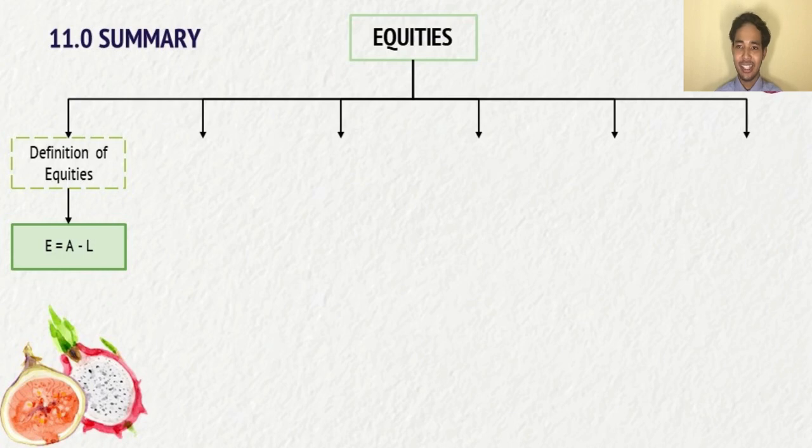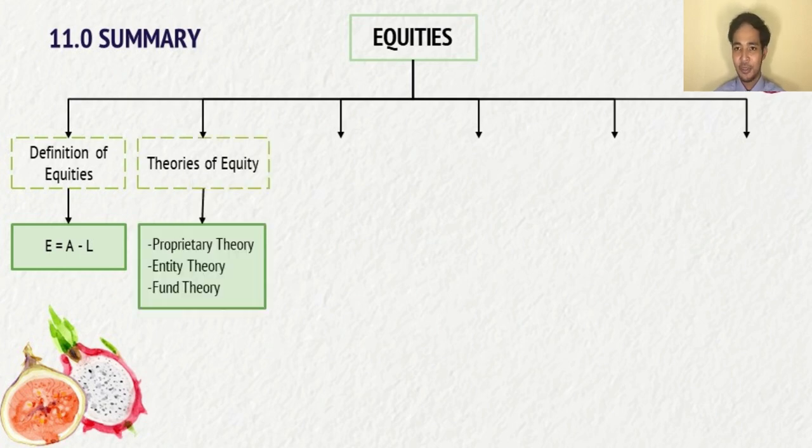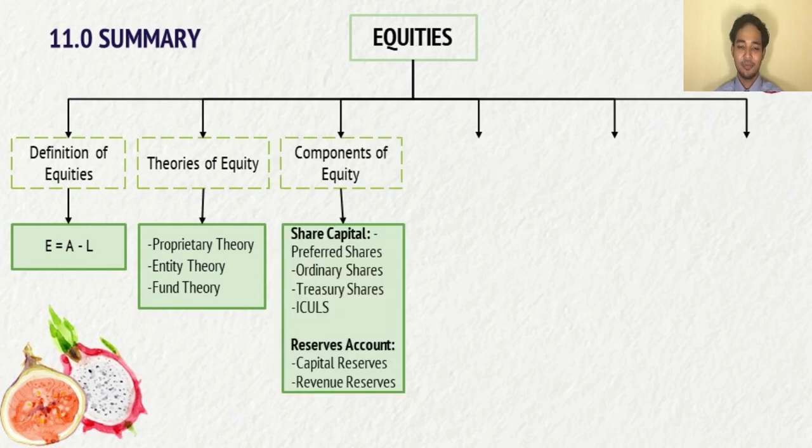Thank you, Fatin. Now, I will summarize all subtopics that my partners and I have explained before this. The first one is definition of equity, which is the residual of assets after deducting the liabilities. Then, there are three types of theory of equity, which are proprietary theory, where owner and firm are identical, entity theory, where owner and company are separate entities, and fund theory, where it highlights restriction on the use of assets.